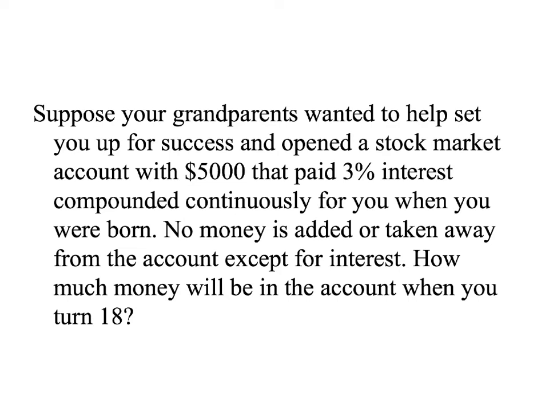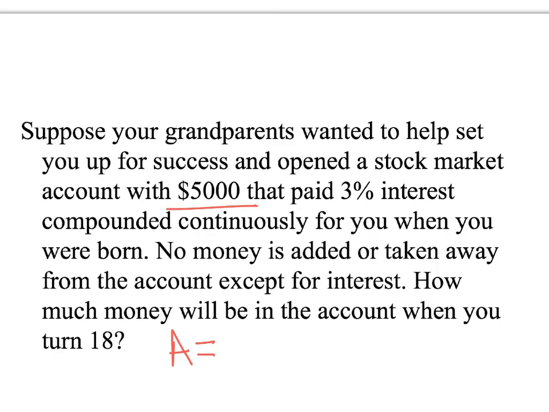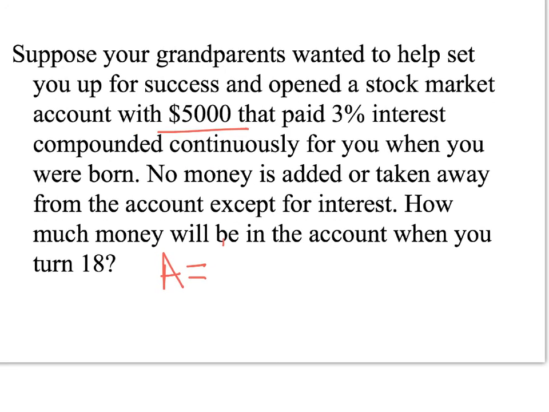So we would just take our continuous interest formula. A is the amount at the end. P is your principal, which is your starting value. e is just the base. The rate is 3%. So with this, you actually can leave it as the rate.